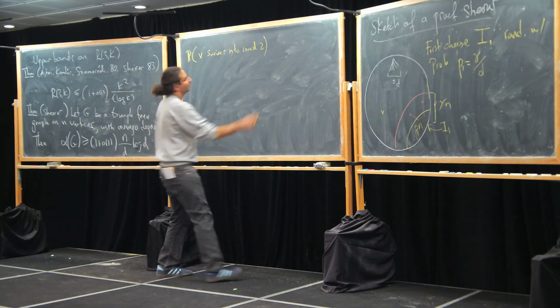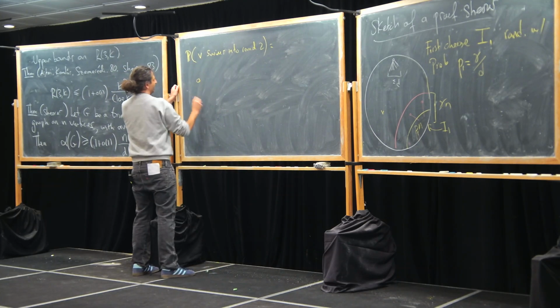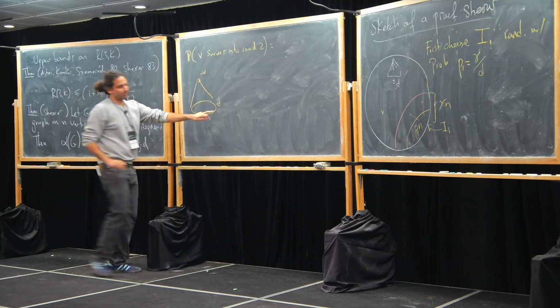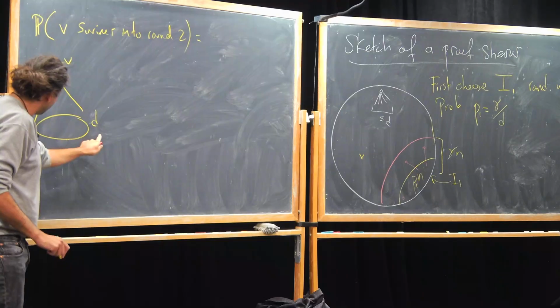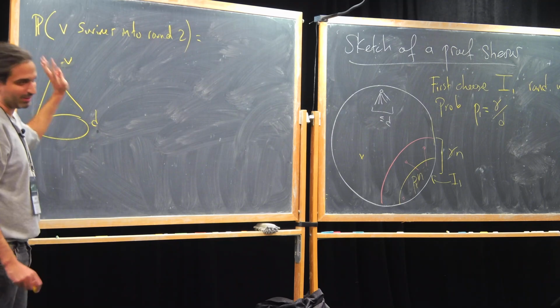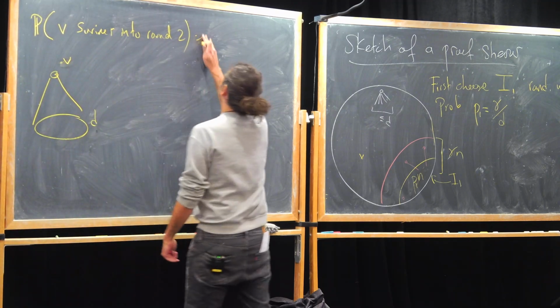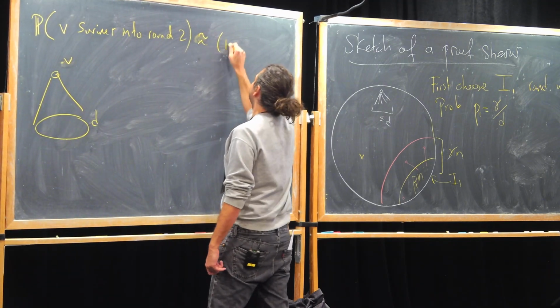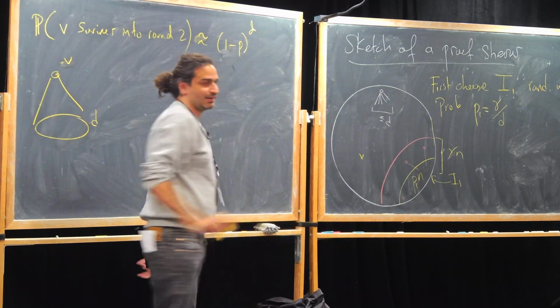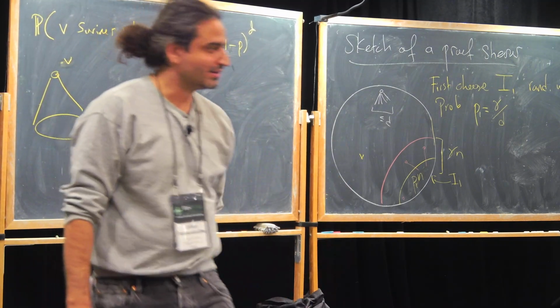Okay. Well, the picture is easy. Here is my vertex. Oops, I called it V. It has d neighbors. The probability that it survives is that none of these guys are included. Also this guy, but OK, whatever. So this is about (1 minus p) to the power of d, or d plus 1, or whatever.